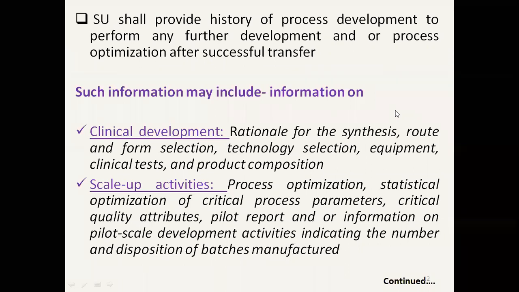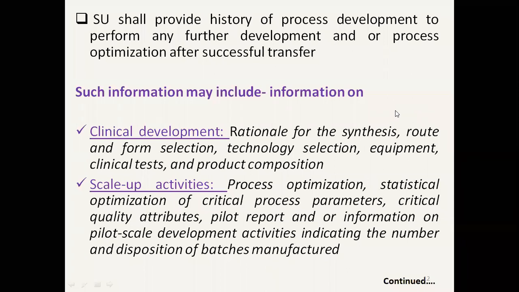Then information on scale up activities, which we should share, like process optimization, statistical optimization of critical process parameters, then critical quality attributes, then pilot reports and or information on the pilot scale development activities, indicating the number and disposition of batches manufactured.